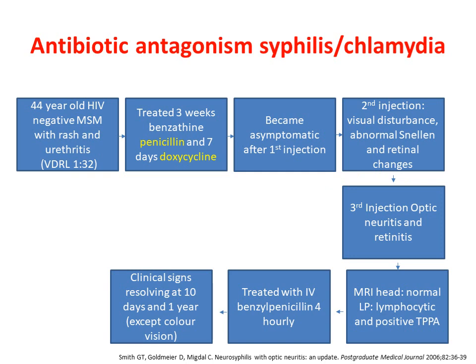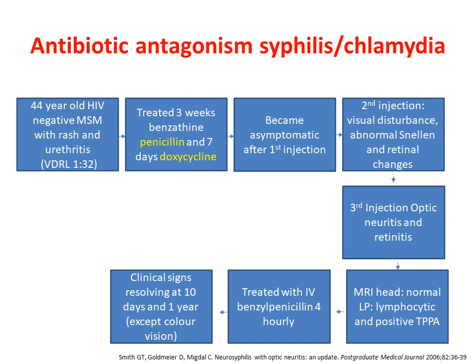Continuing this story, the patient's MRI brain was reported as normal, and a lumbar puncture showed a lymphocytic picture with a positive TPPA. He was admitted and treated for neurosyphilis with 2 weeks of IV benzyl penicillin. His eye signs were resolving by day 10 and had resolved by 12 months, apart from some defect in his colour vision.